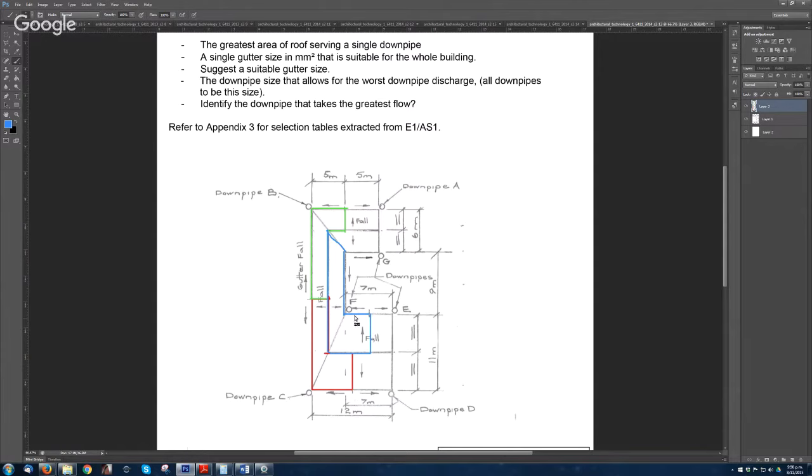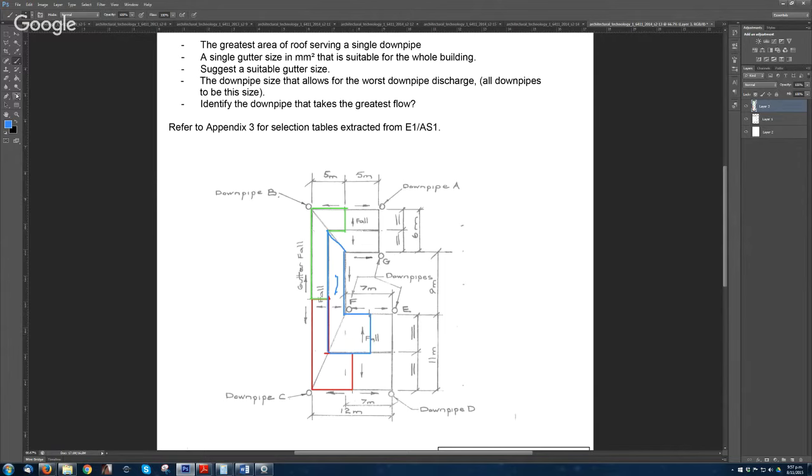From the look of it, this blue one is going to be the biggest. But if you're not sure, you can just calculate this one and maybe this one. Downpipe D is just this area here. E is just this. A, only this. G, only this. So I would calculate maybe this and this.